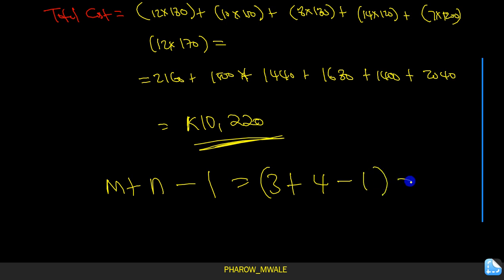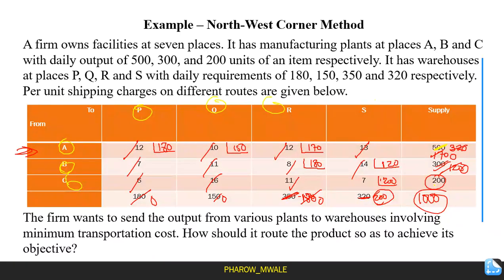This must give us 6 occupied cells. If we count the cells which are occupied, how many are they? We have 1, 2, 3, 4, 5, and 6. So it means that our problem is not degenerate.